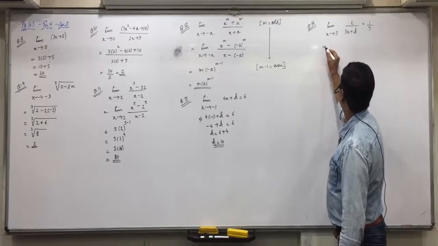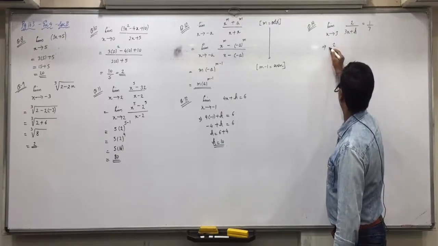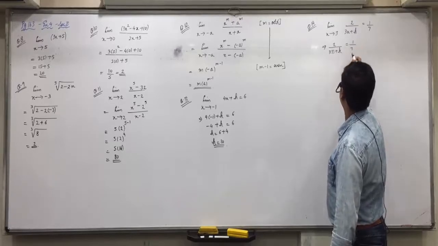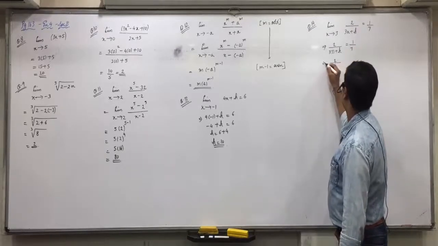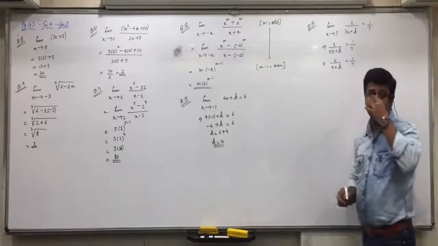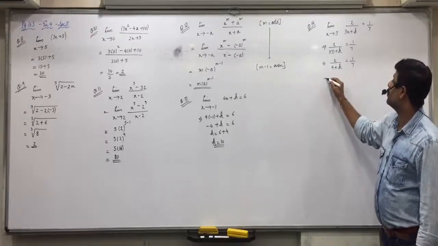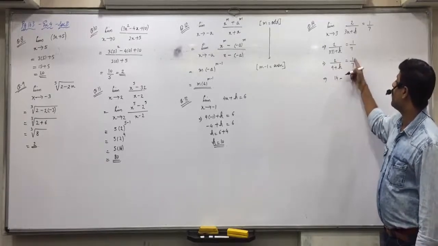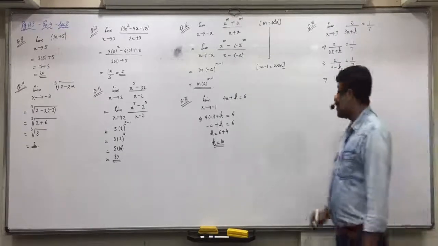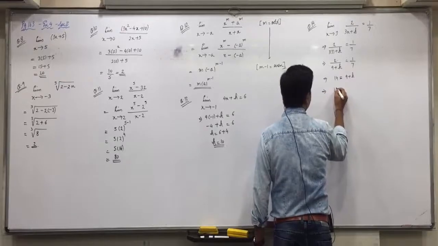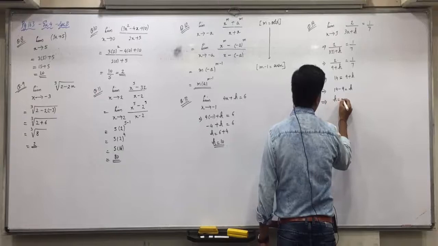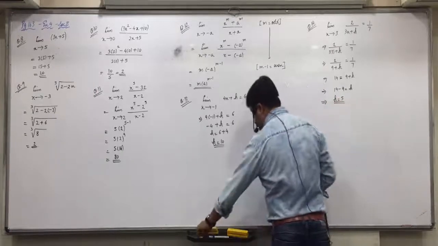So directly you can write 2 upon 3 into 3 plus k is equal to 1 by 7. 2 upon 9 plus k equals 1 by 7. Now cross multiply. 7 into 2, 14. 1 into 9 plus k, 9 plus k. Bring 9 on the left side, it will become minus. So k equals 5. Did you all understand this?